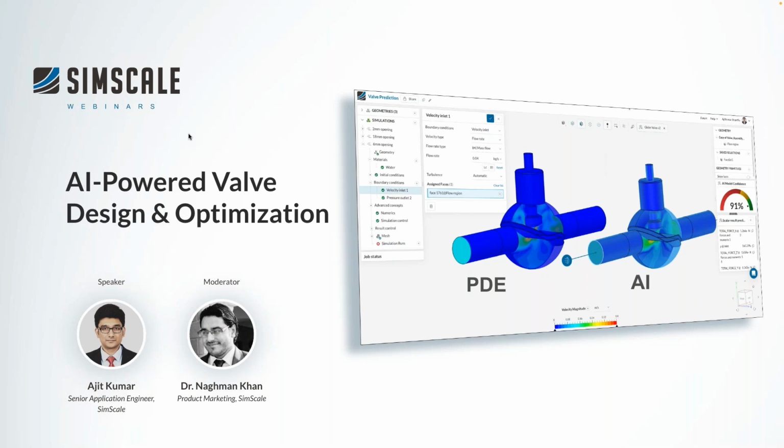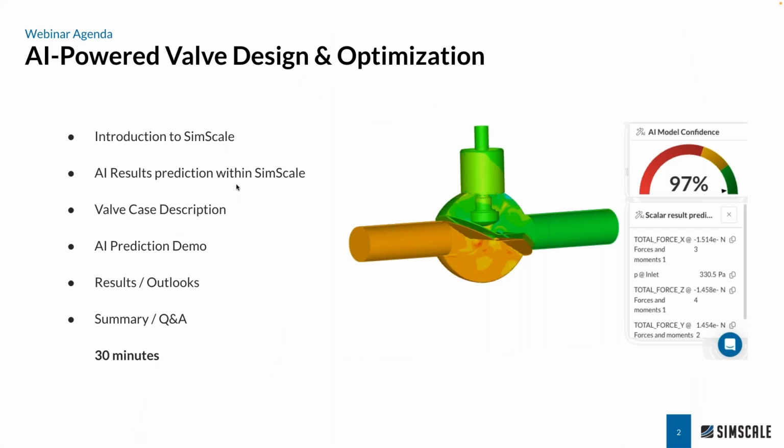Here is a quick list of topics that we are going to cover in today's session. It involves a quick introduction to SimScale for those who are new to SimScale, and we will also look into how SimScale integrates AI for simulations in general, and we'll also jump into a specific case study on a valve and how we can actually use AI to optimize or predict results for the valve.